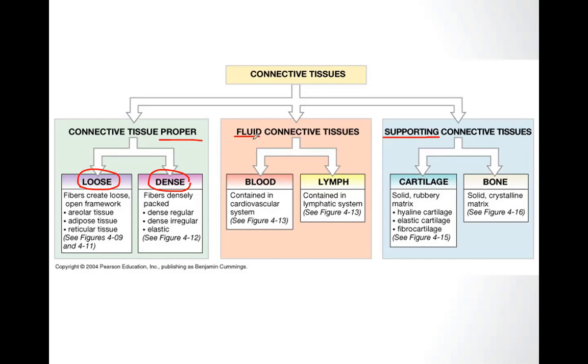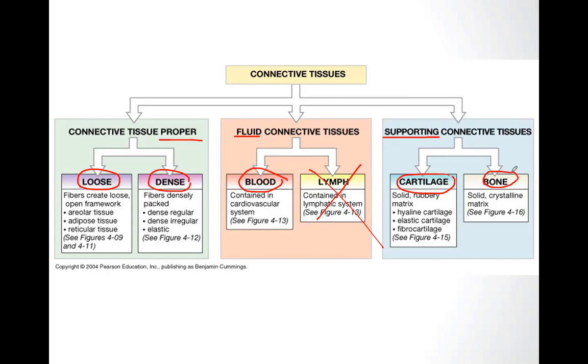If we're using the word fluid, fluid basically means a lot of water, right? The main type we have is your blood, as we mentioned multiple times already. I don't discuss lymph with you guys, so you can ignore that. And in terms of support, providing support for the rest of the body, you will have your cartilage and your bone.